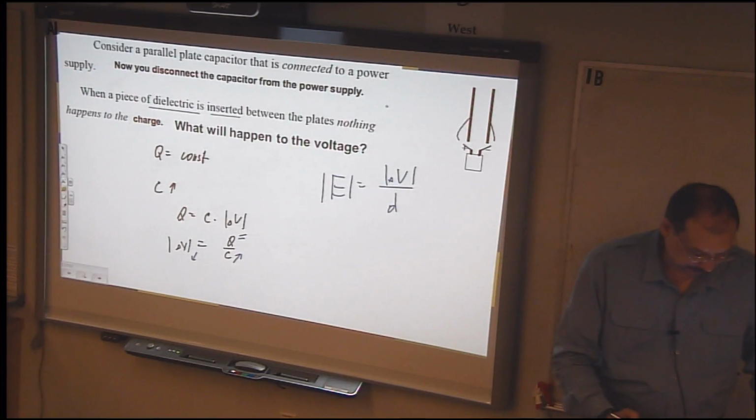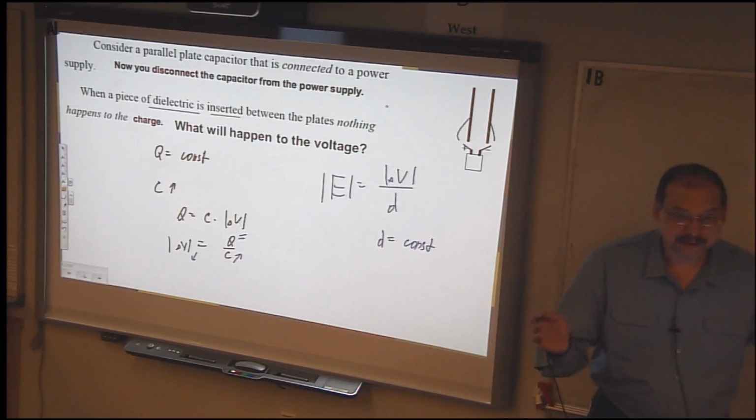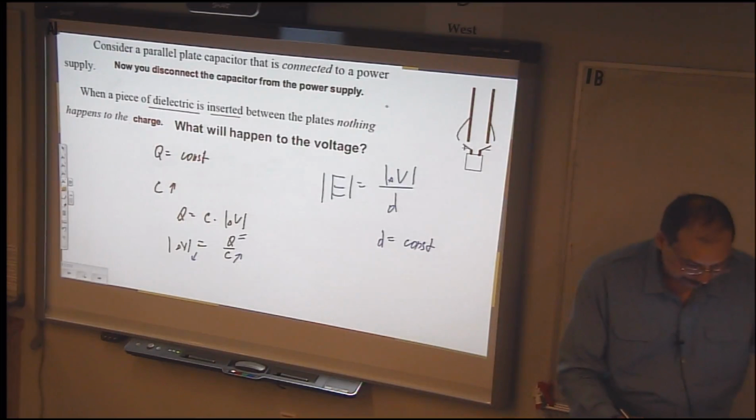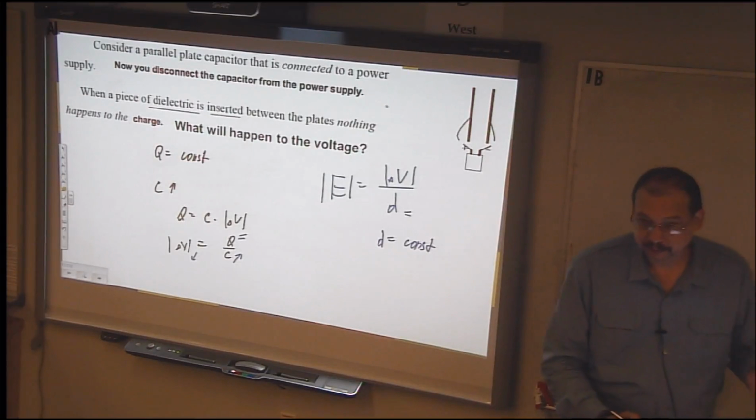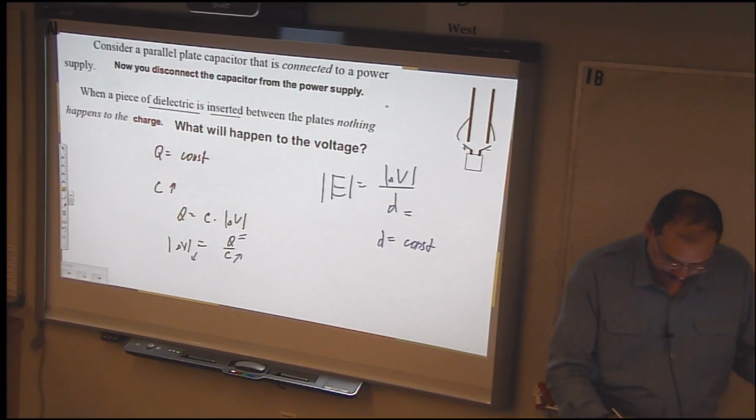We can use this one because d remains constant. Yeah. We do not move the plates apart. We just fill it up with dielectric. So distance remains constant. The voltage goes down. That means the electric field should go down.